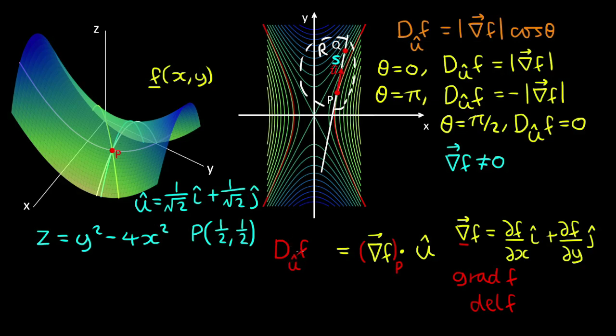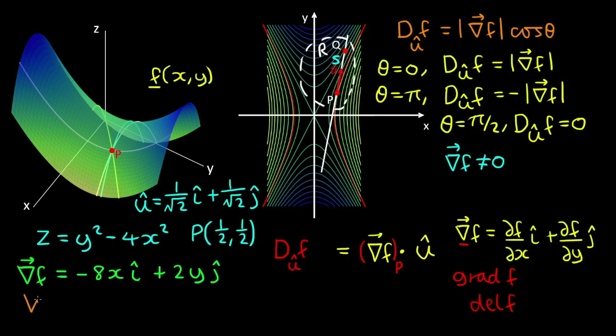So using this equation, we can evaluate the gradient. The gradient vector is the partial of the function with respect to x, so we get minus 8x in the i direction. And the partial with respect to y gives 2y in the j direction.